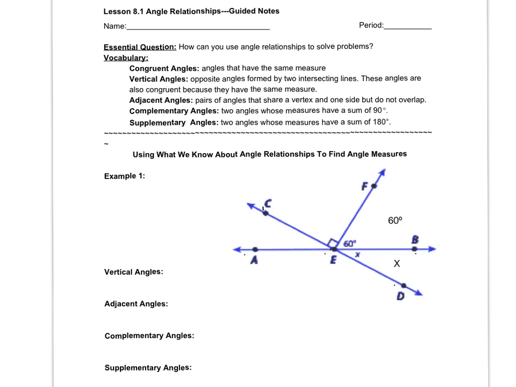These two are intersecting lines, and they intersect at point E. So the two angles that form are angle CEA and angle DEB. My pair of angles I have listed like this: CEA and DEB.